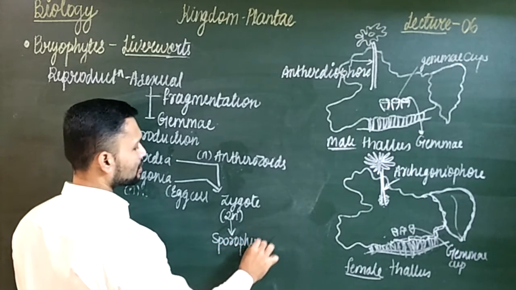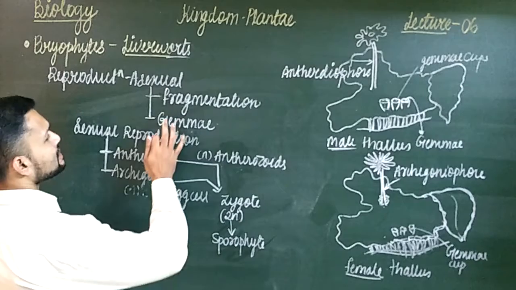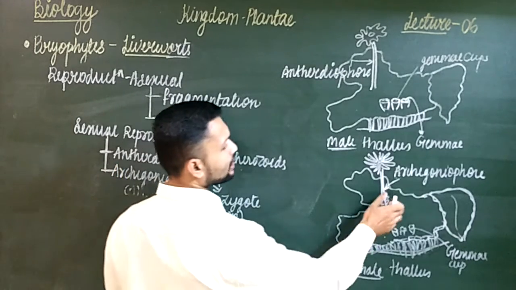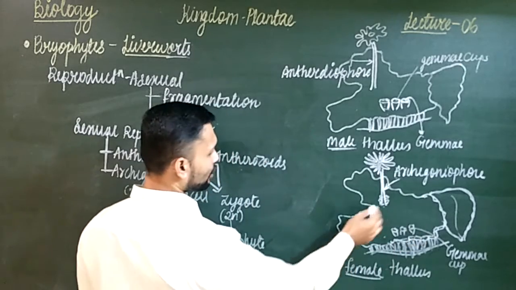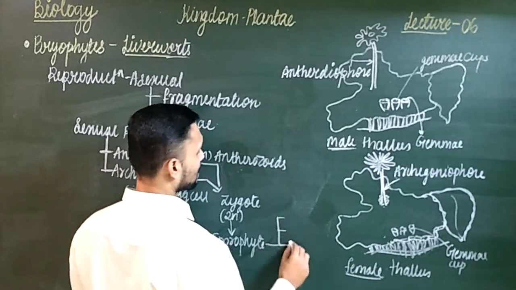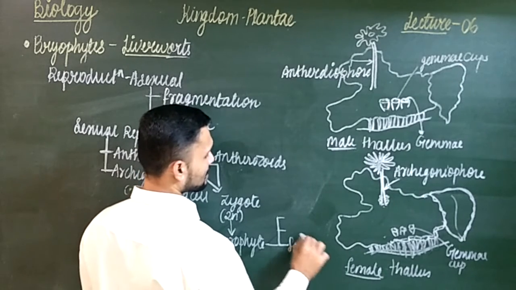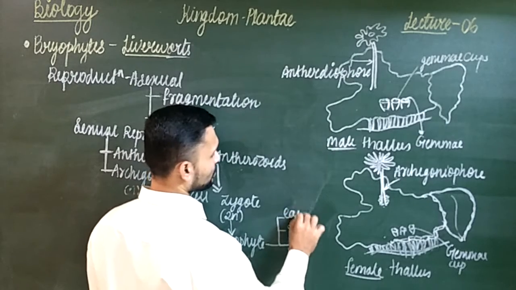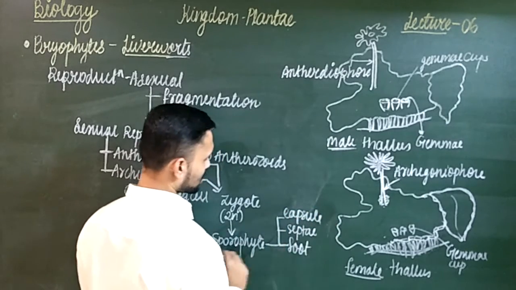It will form the sporophyte, which is like a parasite on the gametophyte, meaning this sporophyte grows on this very gametophyte. It grows over here, and then it bears three things, that is foot, seta and capsule. So this is a sporophyte.